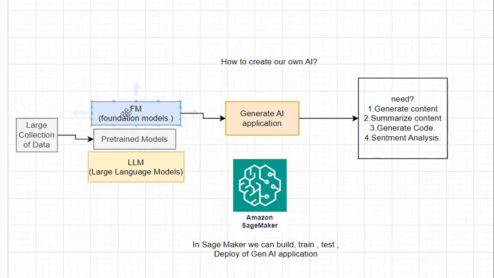We can use those foundational models directly in our application and create our generative AI application. Or else, based on our specific need, we can even fine tune these foundational models to make our generative application better suited for our need as well.